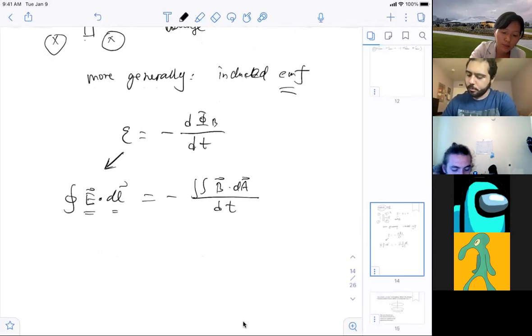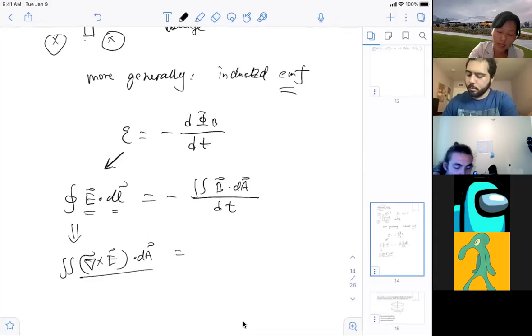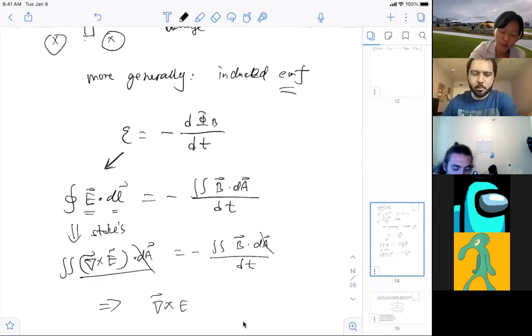And if you simply use Stokes' theorem again, the left-hand side becomes the curl of E dot dA. The right-hand side is still B dot dA over dt. So if you use Stokes' theorem on the left-hand side, you can get your differential format for Faraday's law: curl of E is minus dB dt.